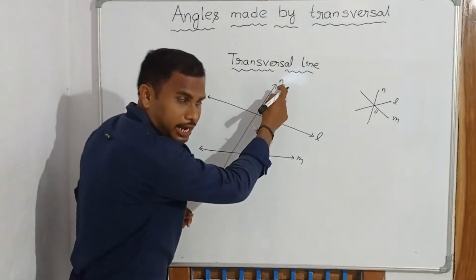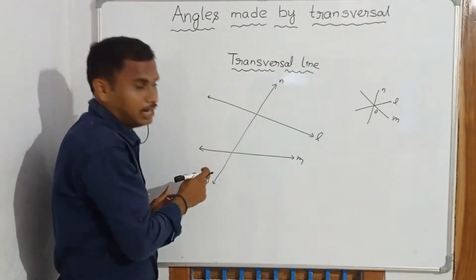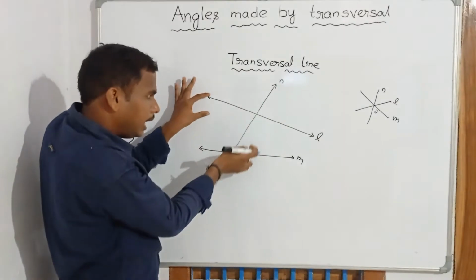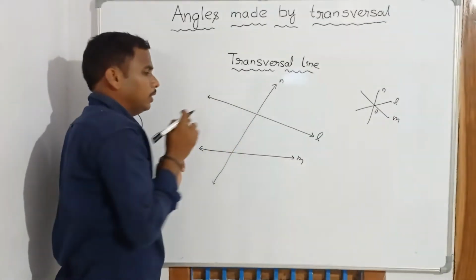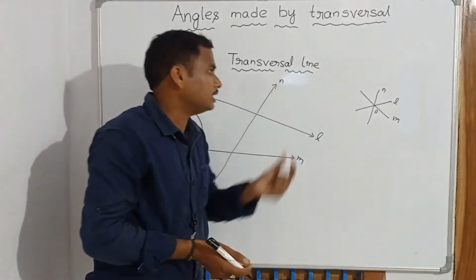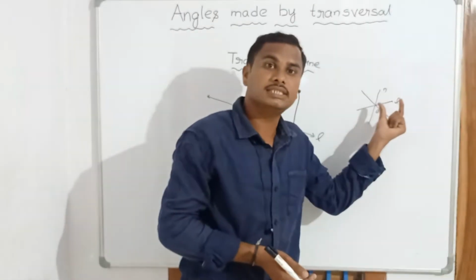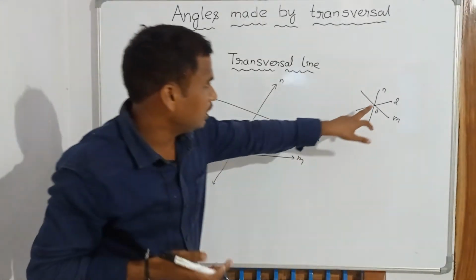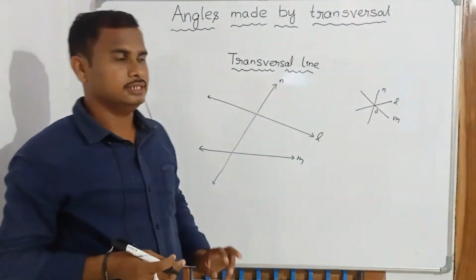See this, N is a transversal line because this is passing through M and L at distinct points. That means different points. In this figure, N is not a transversal line. Okay? These three lines are, we know, concurrent lines.